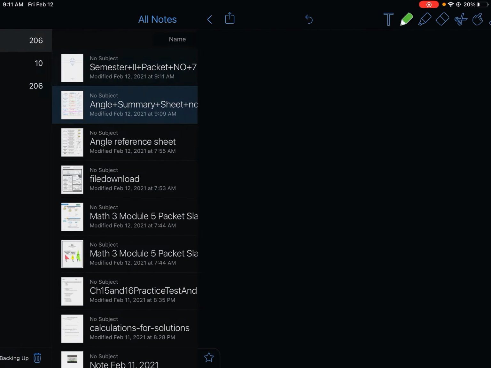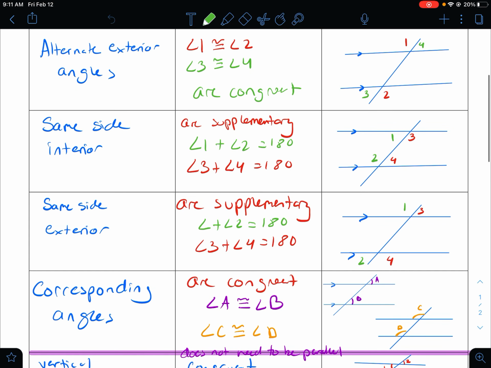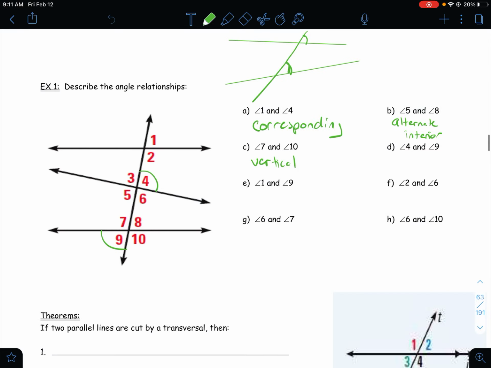And if we look back at our note sheet, you can see that 4 and 9 are going to follow that alternate exterior pattern. All right, they're on the outside, so they're exterior, and then they're on the opposite sides there, so they are alternate exterior.